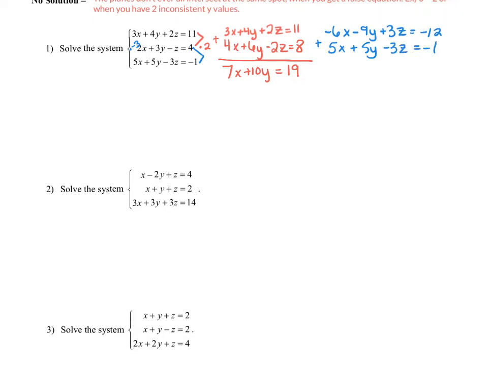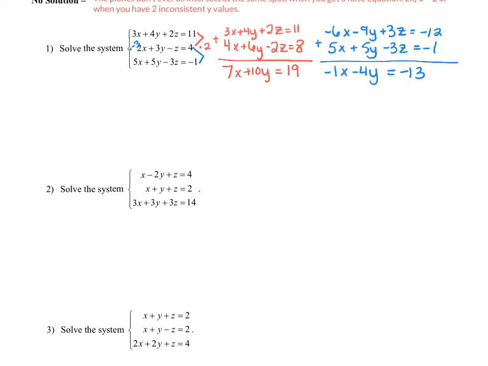Now when I add these two equations together, I'll get negative 1x, or negative x, minus 4y equals negative 13. And again, my z's are going to eliminate, which is good because now I have two variable systems of equations.